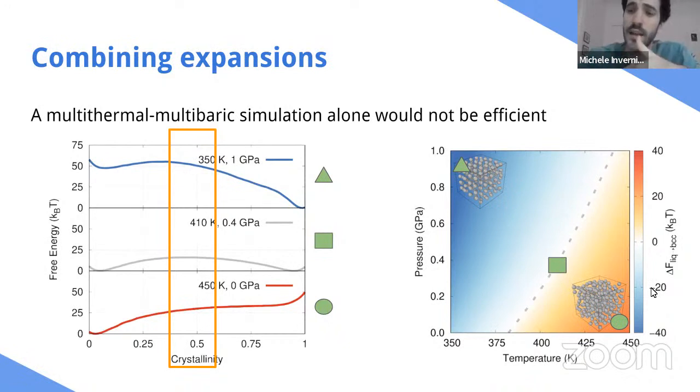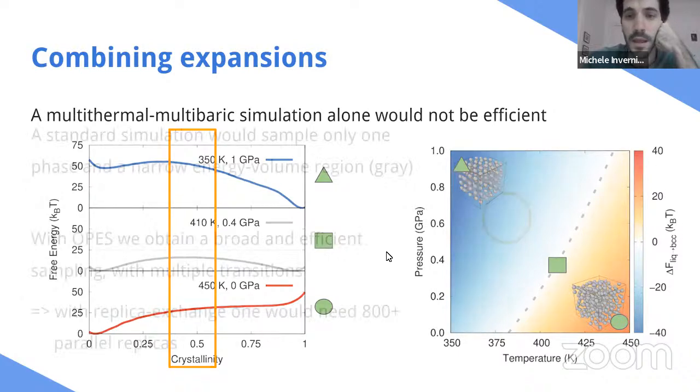So this means that if I only use a multithermal multibaric target distribution, that will not be an easy target distribution to sample. So I need to also add this collective variable in order to sample this.